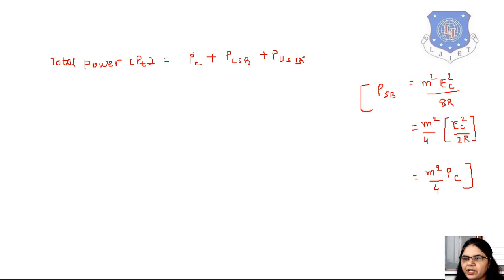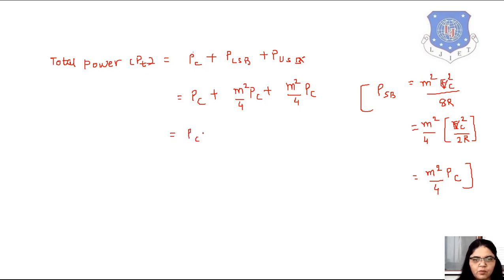So according to our equation, it is PC plus PLSB, and PUSB is the same, so it is m square by 4 PC plus m square by 4 PC. So I will take PC common.